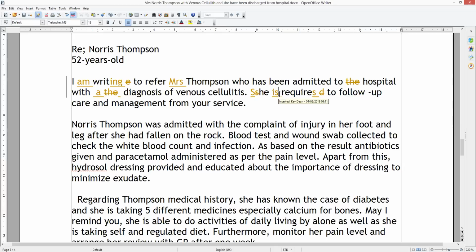Right, so what am I doing? She requires follow-up care and management from your service. Okay, so what you could do is I'm writing to request follow-up care and management. So instead of this, I'm writing to refer blah blah blah.